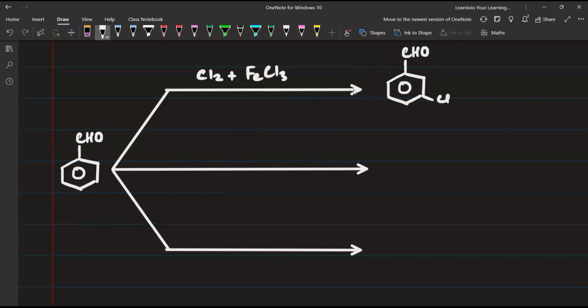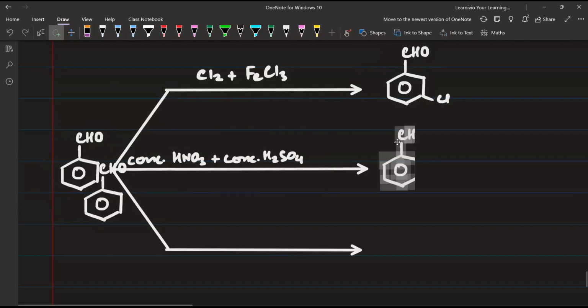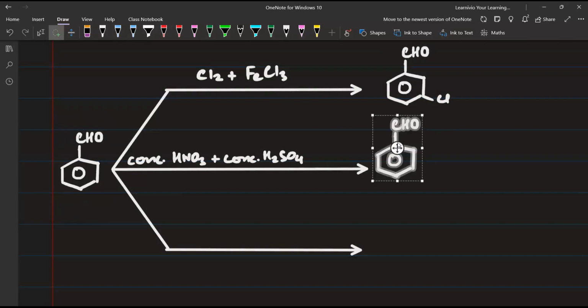Now, if I use concentrated HNO3 plus concentrated H2SO4, then in this case this will give the NO2 group as the electrophile, and NO2 will be attached on the meta position like this.